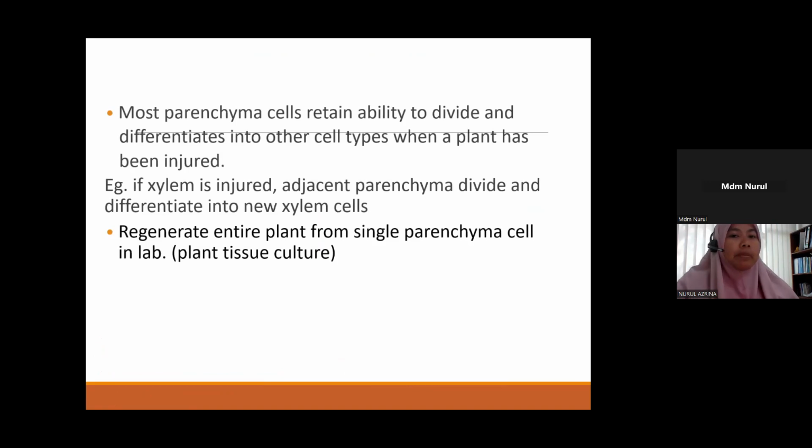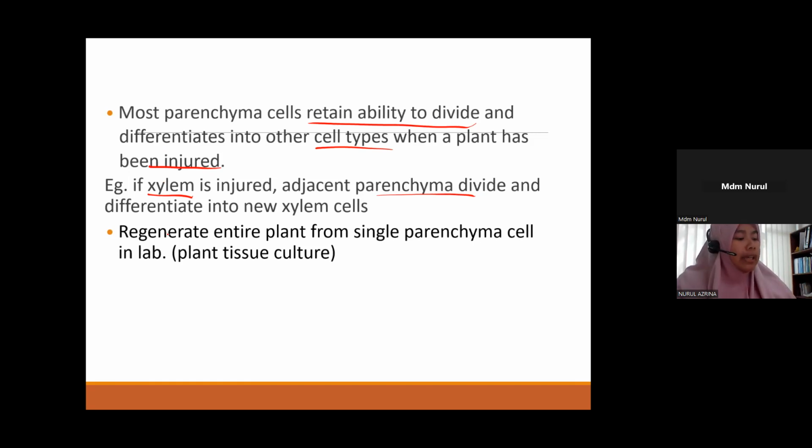All right. Most parenchyma cell retain ability to divide. Retain ability to divide means they are able to divide whenever it needs. Okay, so it can divide and differentiate into other cell type when a plant has been injured. For example, if xylem is injured, the adjacent parenchyma cell will divide and differentiate into new xylem cell, right?